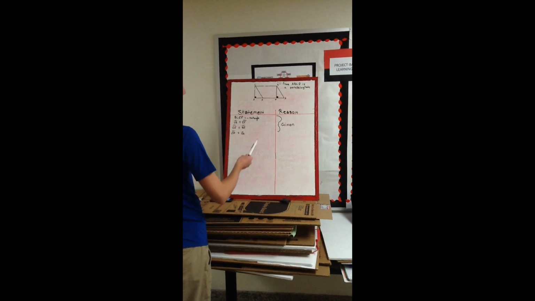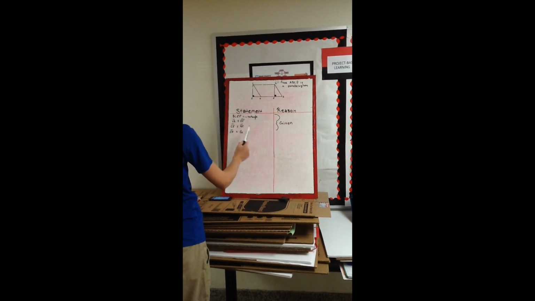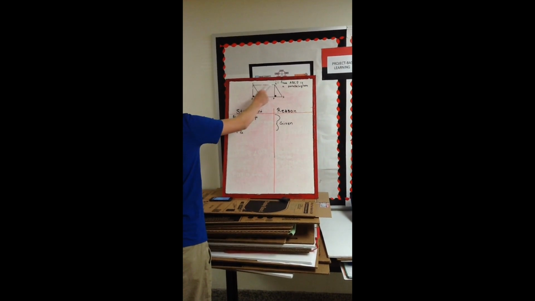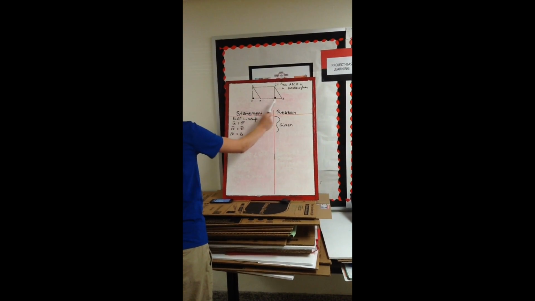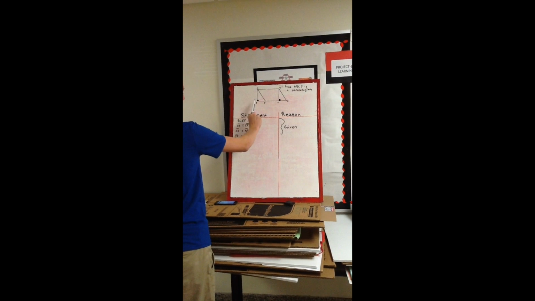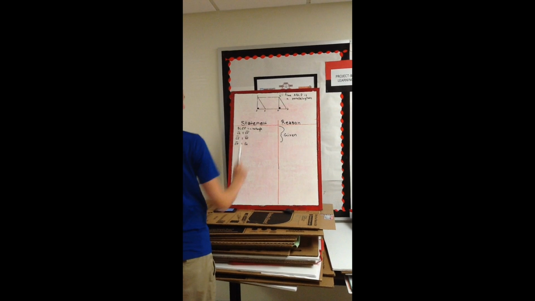Alright, I have to prove that ABCD on here is a parallelogram. We have BCEF here is a rectangle, CB and EF are congruent, CE and BF are congruent, and ED and FA are congruent.